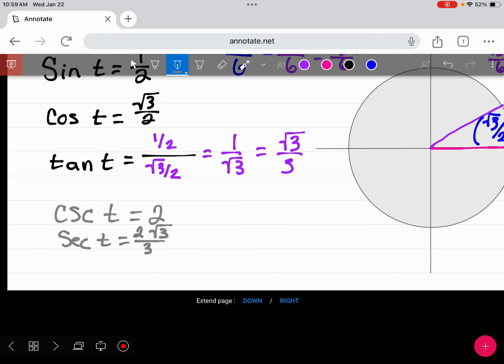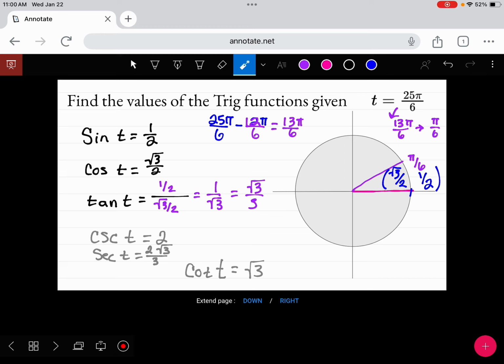And then our cotangent, I'm just putting it over here because I'm running out of space, it's just going to be our square root of 3. If we take our reciprocal here, we get it the easiest. Okay, so sometimes we'll be given really big angles, sometimes we'll be given negative angles. You are always more than welcome to find a coterminal angle to be something that we are significantly more familiar with. Coterminal means they're going to have the same answers for stuff.